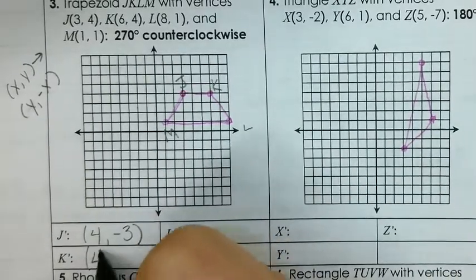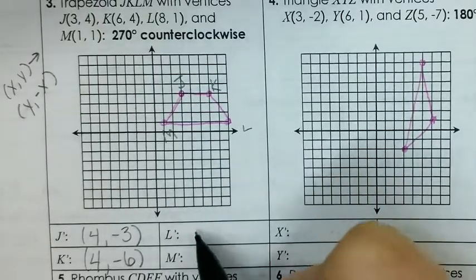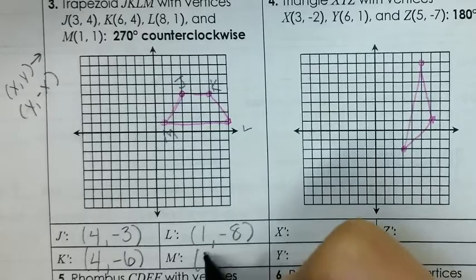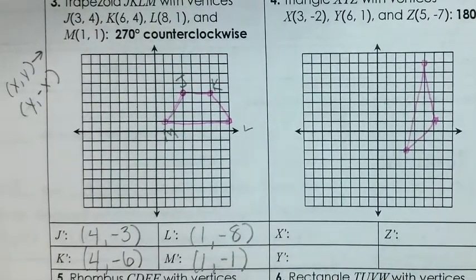K, 4, -6. L, 1, -8. And M, 1, -1. So let's graph these points.